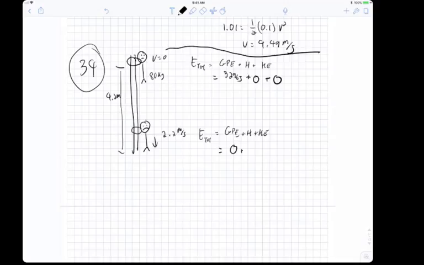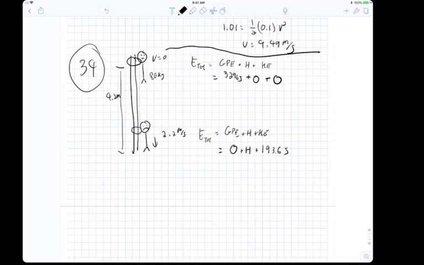I don't know how much heat is generated, but I can calculate the kinetic energy. 1/2 times 80 times the speed squared, 193.6 joules.